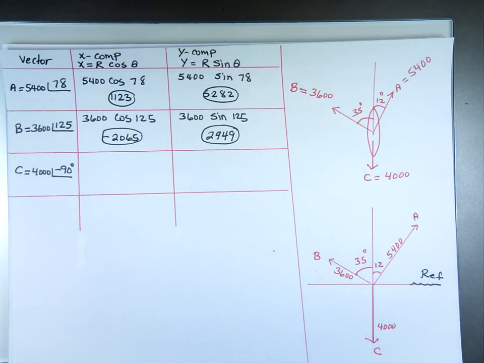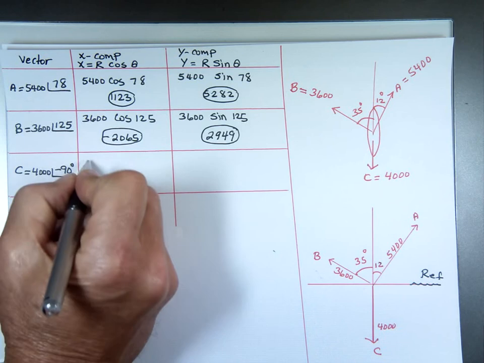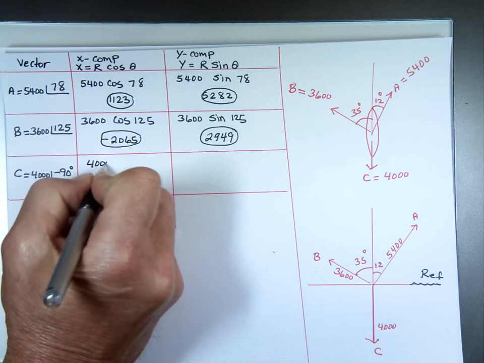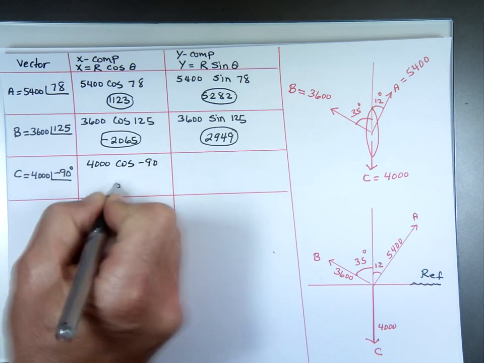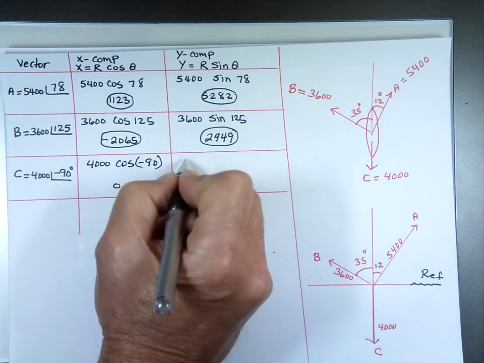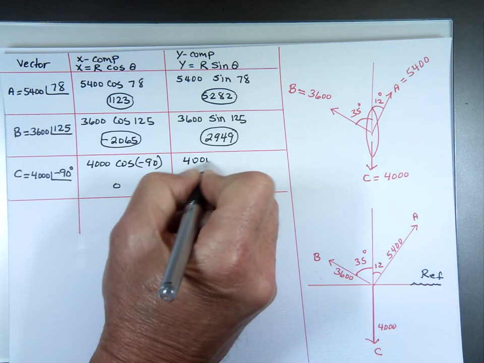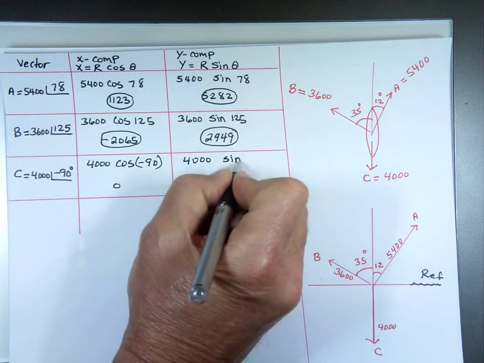The x component, 4,000 cosine negative 90. That's a 0. 4,000 sine of negative 90. That's a negative 4,000.